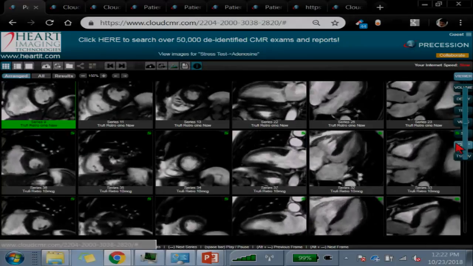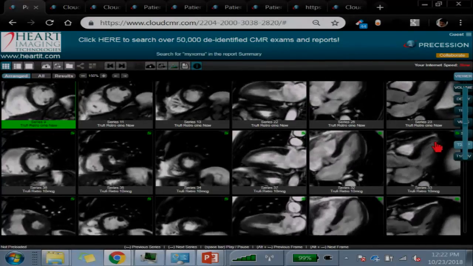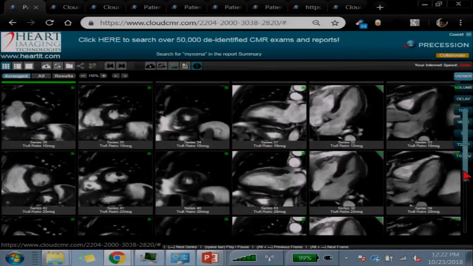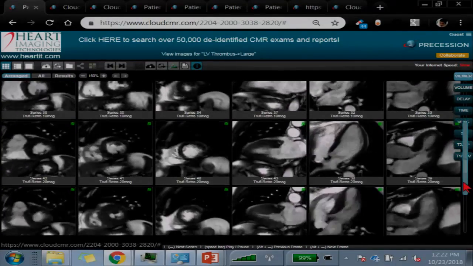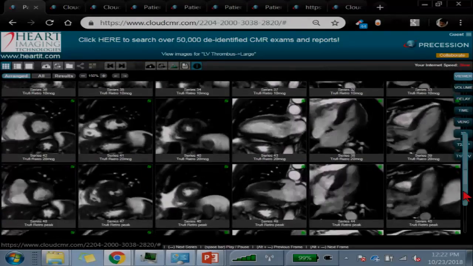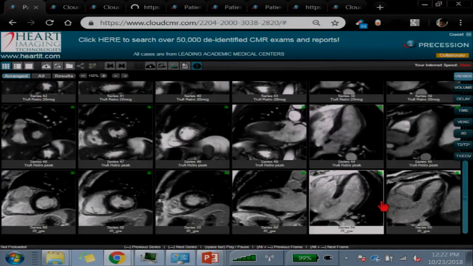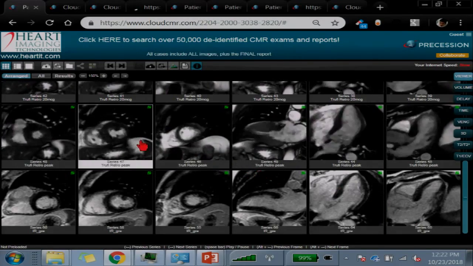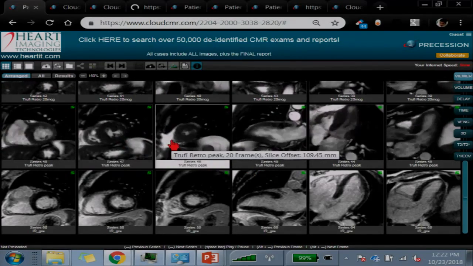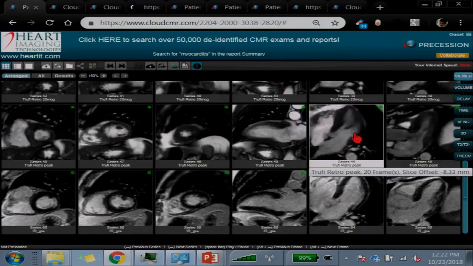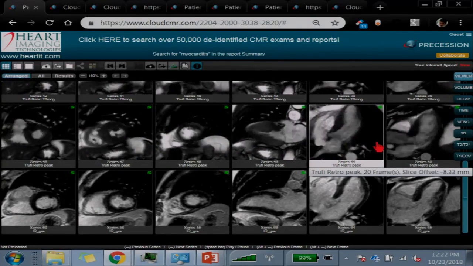Still pretty good augmentation, right? But not much in terms of wall motion abnormalities. Here it is at 20. And finally at 40. And what do you notice? The lateral walls begin to look a little sluggish, huh? And this is a little more evident on the apical floor.